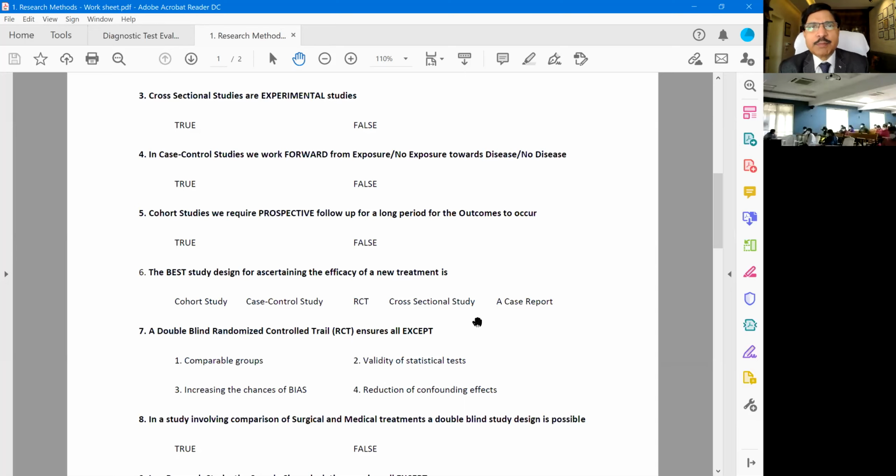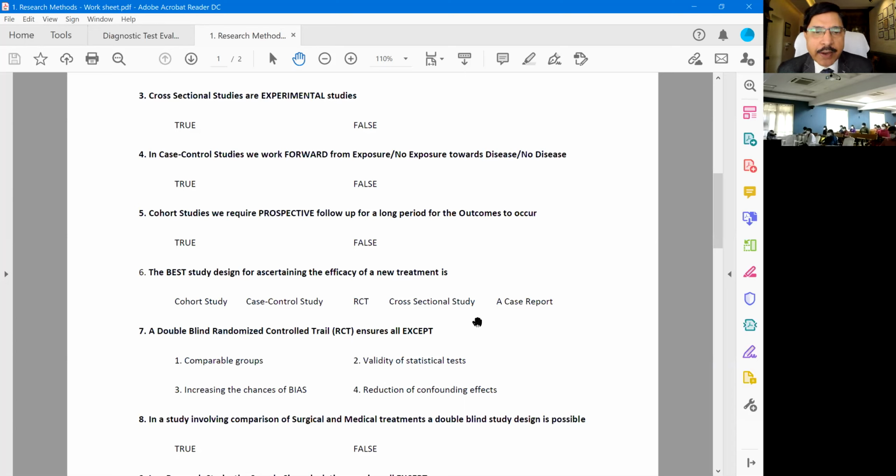Maybe useful as an antiseptic. How do you prove that? You have to have a randomized trial or at least a cohort study to say that. Not the cross-sectional, not the case report, not the case control. The best study design, of course, is RCT. If RCT is not feasible, if you cannot randomly allocate the treatment, then probably you can have a cohort study.